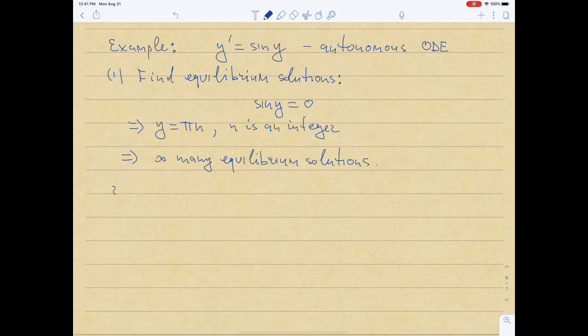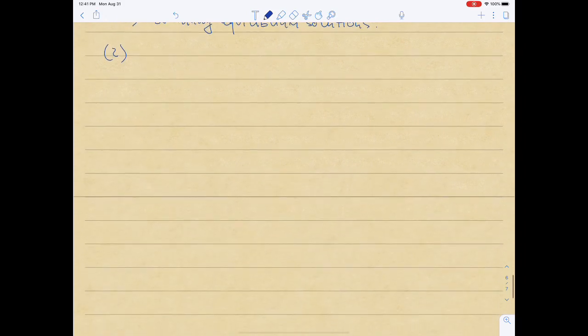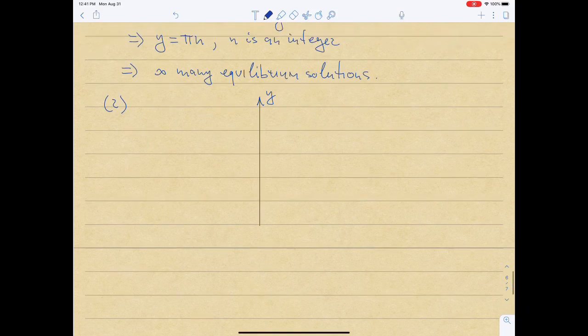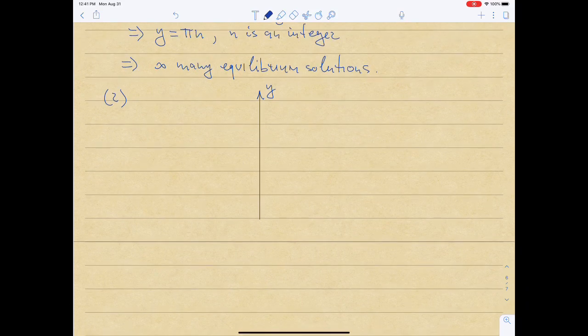And now we produce a phase diagram. In principle, we'll have to plot infinitely many points on the diagram, but we can just see patterns. So we have y equal to 0 when n is equal to 0, and then multiples of pi.